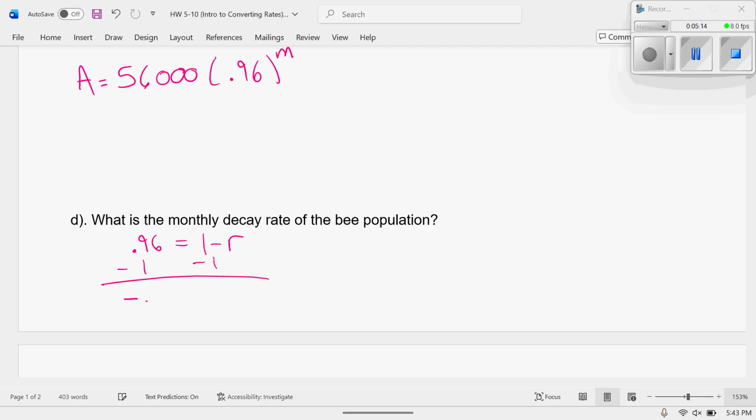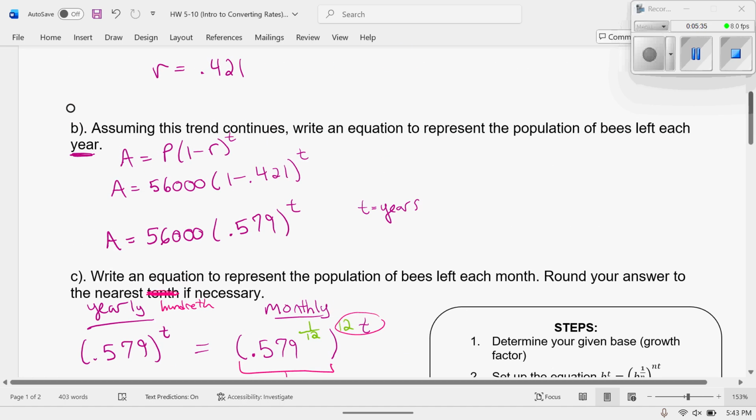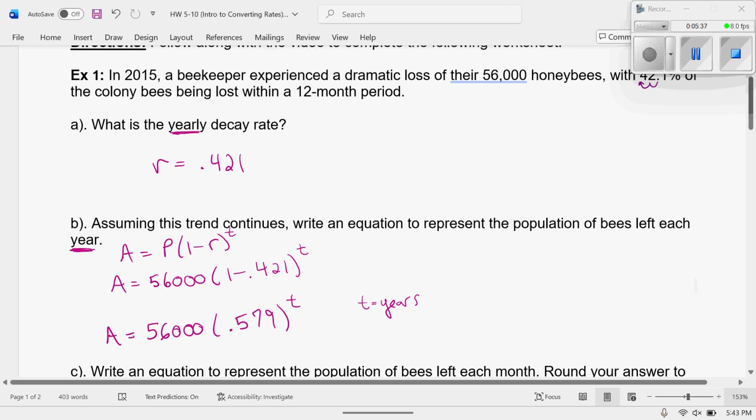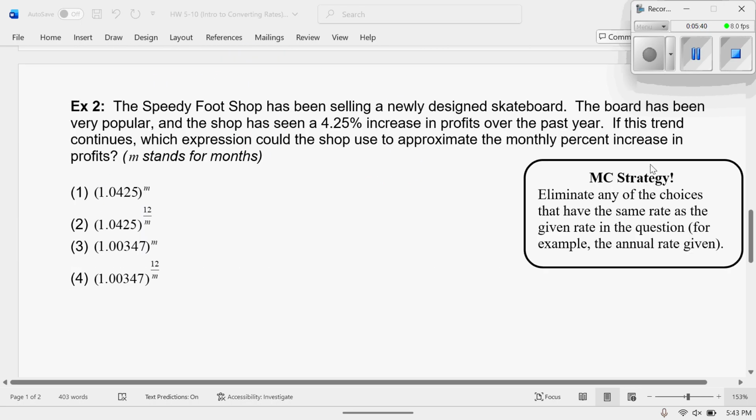And hopefully you see that your decay rate is 0.04, meaning we're losing 4% of the bees per month. And when you're talking about it overall for a year, that ends up being, how much was it per year? 42%.